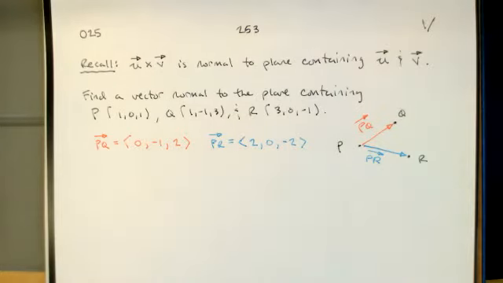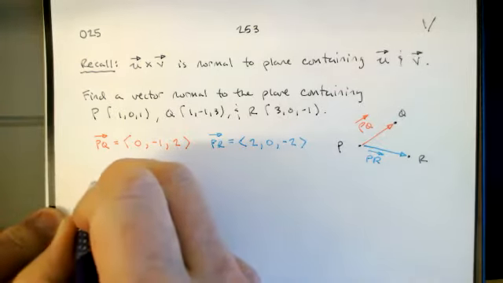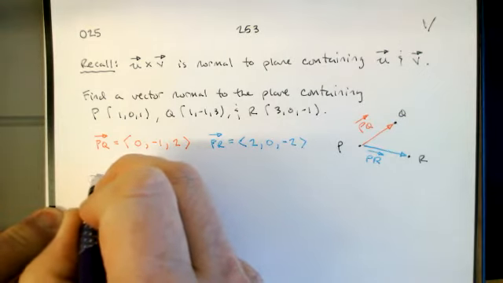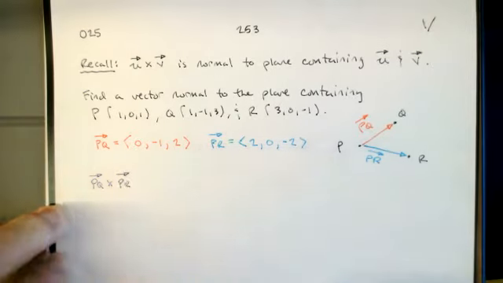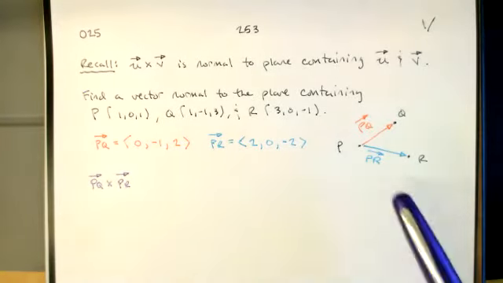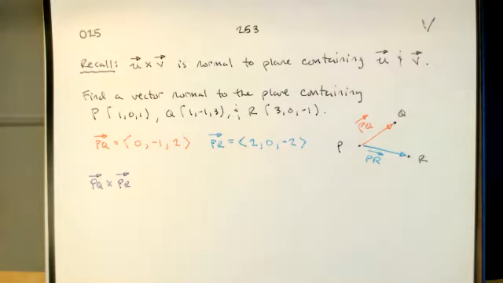So let's calculate PQ cross PR, but we should understand where that vector is going to be pointing. So let's do PQ cross PR. It's going to be normal to the vectors PQ and PR, so normal to the plane containing those two vectors.